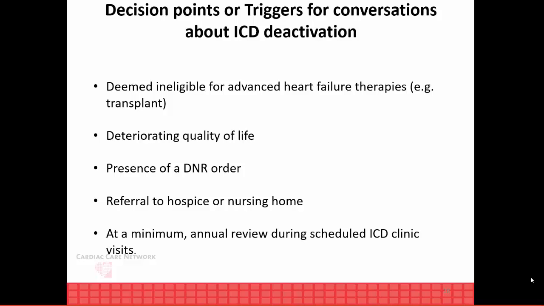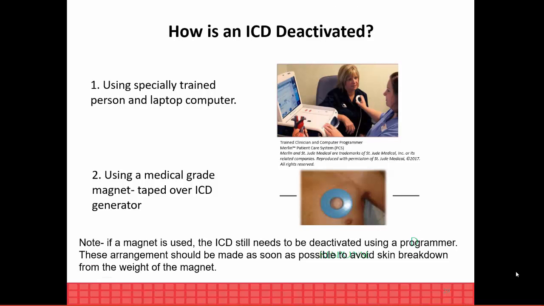So an ICD is deactivated in two ways. The first is to use a specially trained computer, the laptop computer. Each manufacturer has their own specific one. And of course the trained healthcare professional that's part of the implant team or healthcare providers in the implanting center.